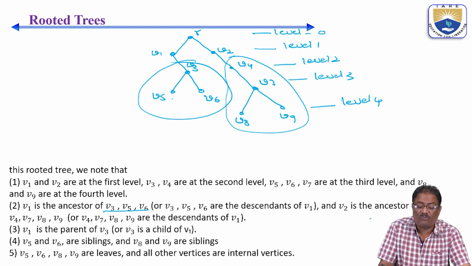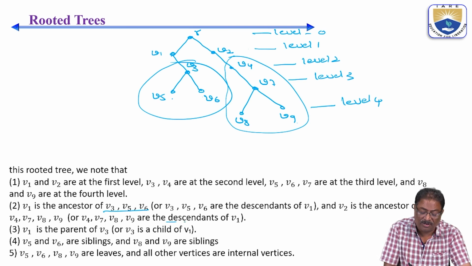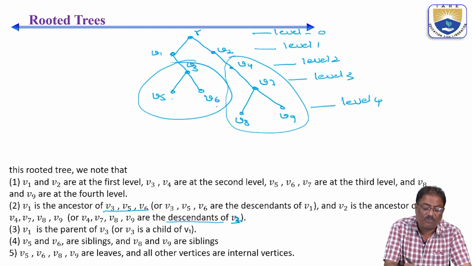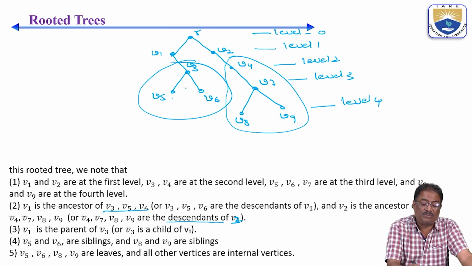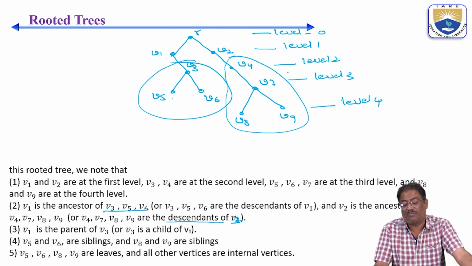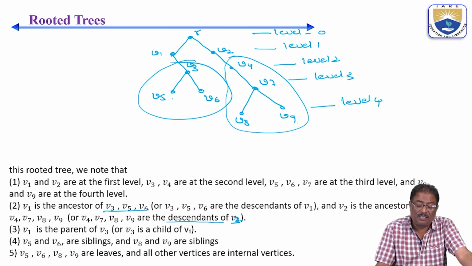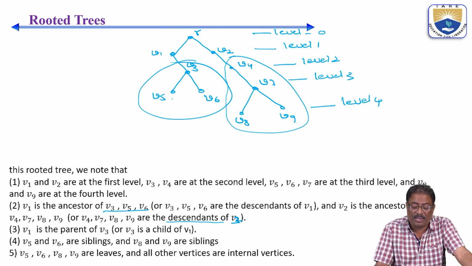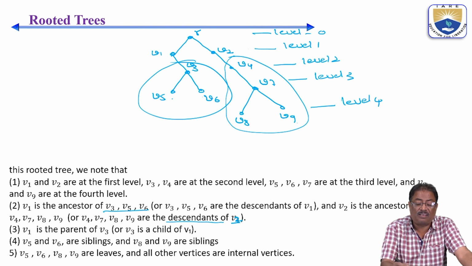Or we can say that V4, V7, V8, V9 are descendants of V2. And V3, V5, V6 are descendants of V1. So V1 is the ancestor of V3, V5, V6, or V2 is the ancestor of V4, V7, V8, V9, or we can say that V4, V7, V8, V9 are descendants of V2.